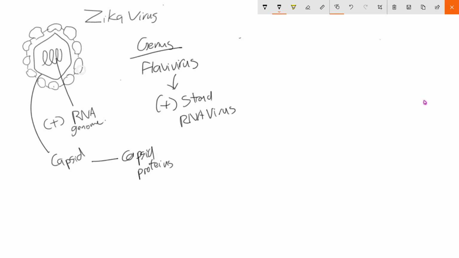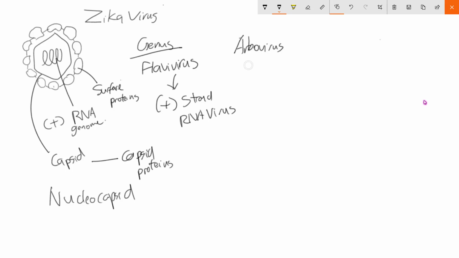The flavivirus, in this case the Zika virus, also has these surface proteins. So this entire structure here is known as a nucleocapsid.